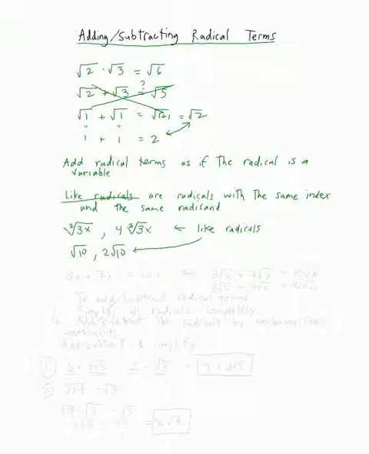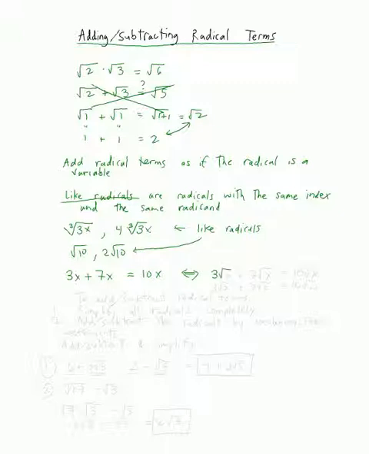So how do we add like radicals? This is what we're trying to figure out. Well, let's look at, for example, adding something like 3x plus 7x. We know that when we add these terms, since they're like terms, we can just add the coefficients together. This becomes 10x. Now let's notice the analog here.